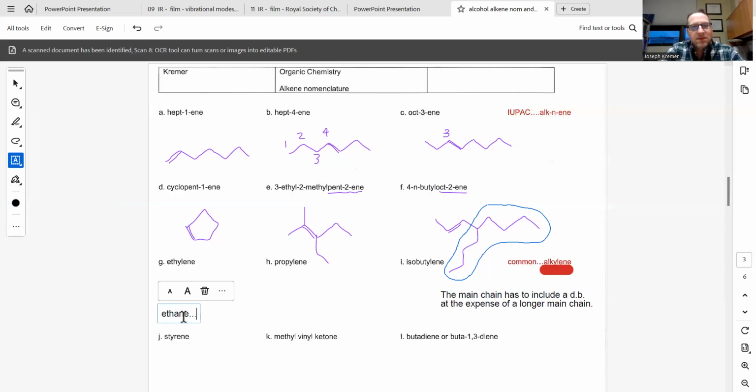Oh, no, it can't. There's a double bond in there. Ethene. Thank you. Change the suffix to "ene" to indicate a double bond. Eth-1-ene. You will never see it called eth-1-ene. It's always called ethylene. Here's propylene.